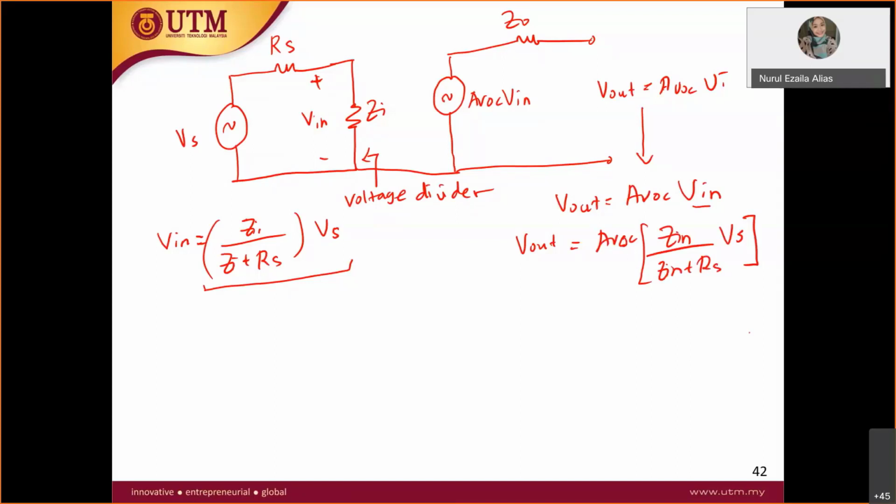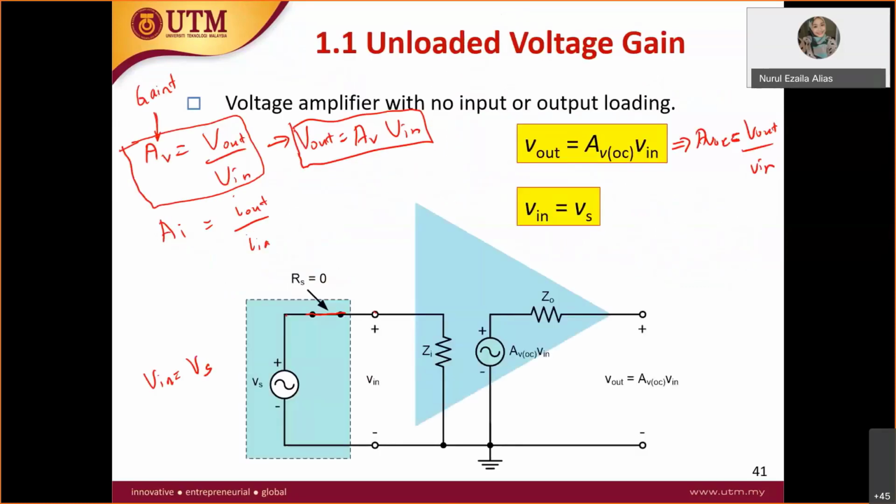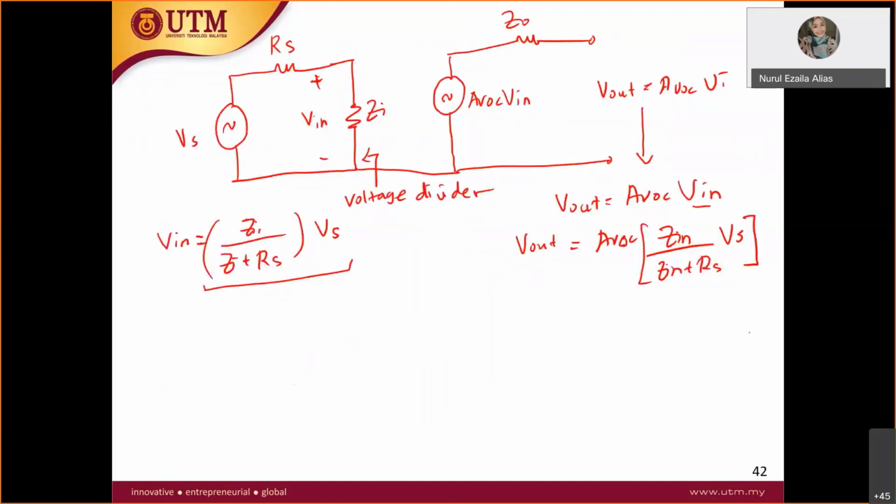So when we simplify here, it's like rearranging, meaning that we are getting another type of gain. So now you know the type of gain AV, which is V out over V in. Like I said just now, you also know that AVOC is also V out over V in. Now we have another parameter, which is V out over Vs. Why V out over Vs?